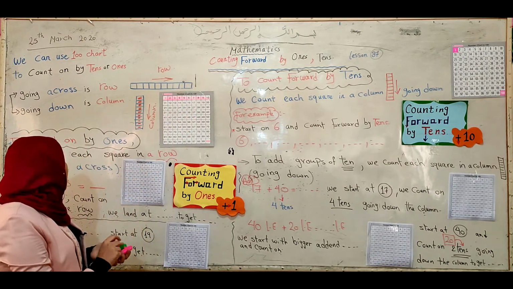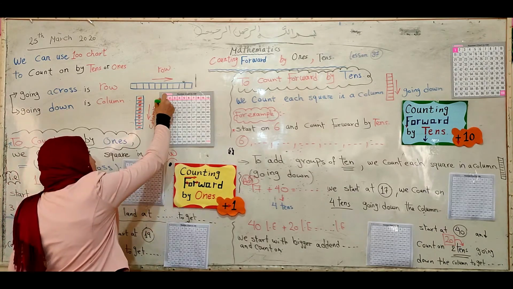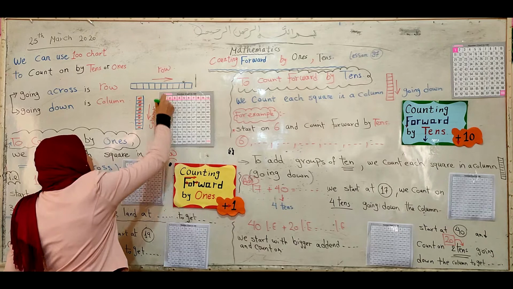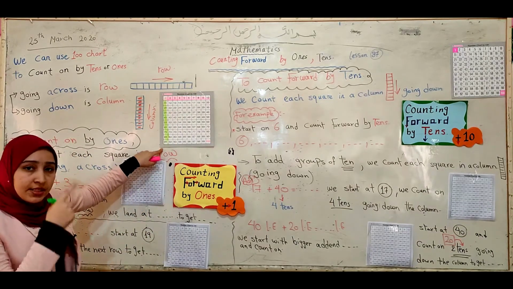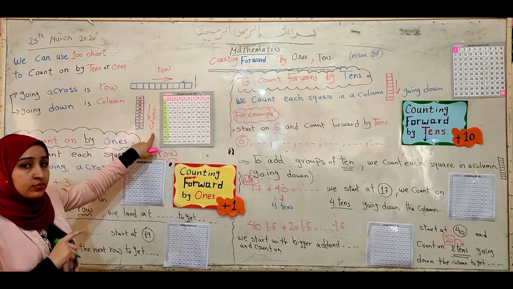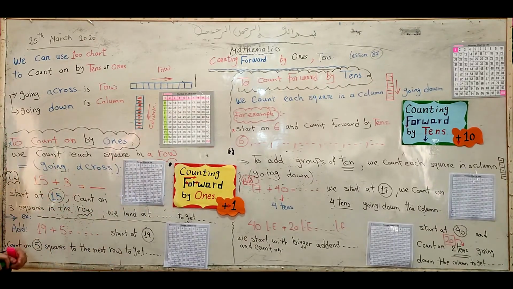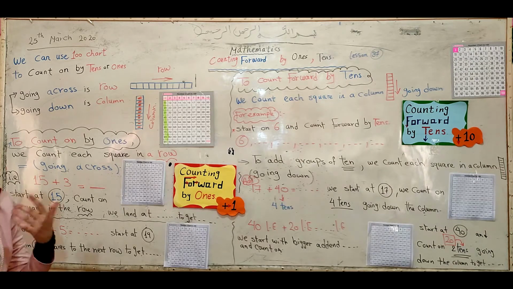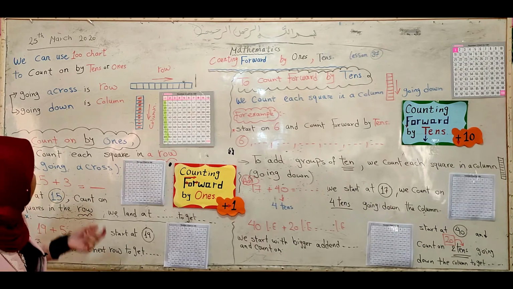And if I go down in this direction, we call this vertical line a column, okay? Let's see how we can use this number chart to count forward by ones and by tens, and how we can use this to subtract and add.